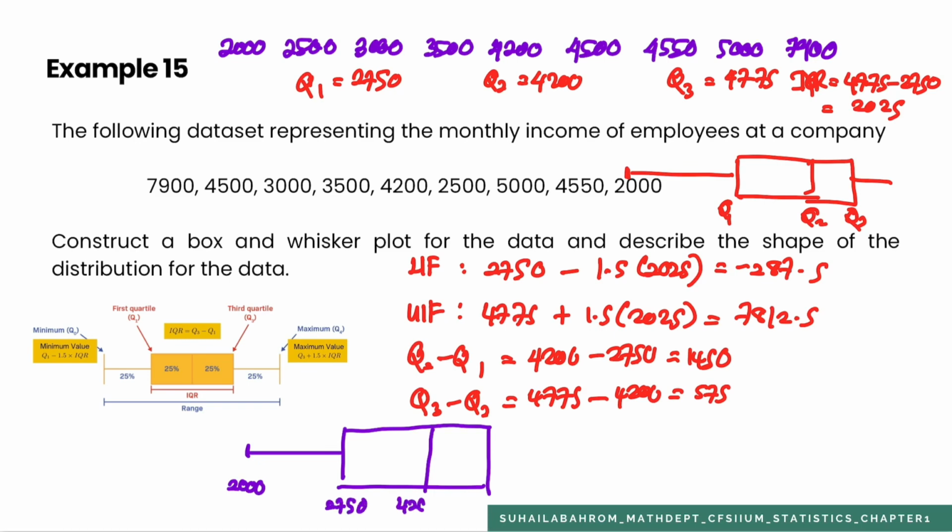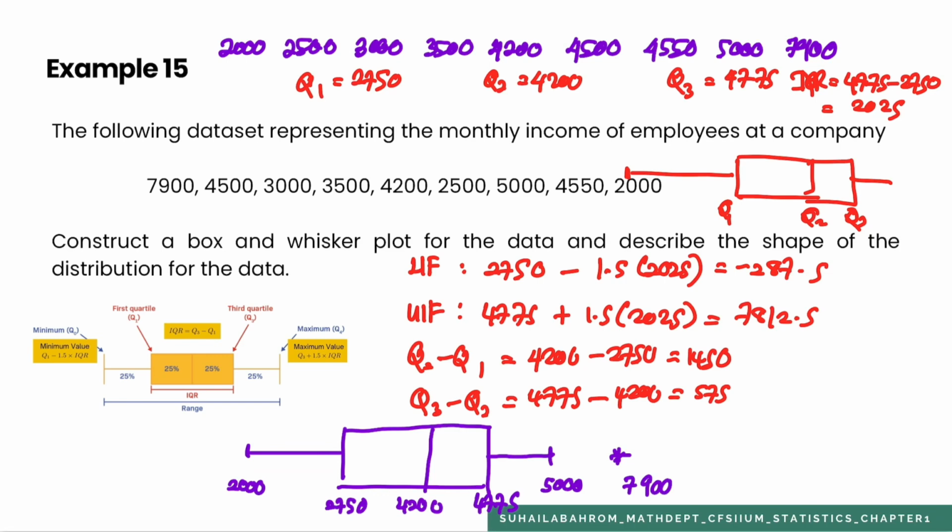The second quartile is 4200, and the third quartile here should be 4775, and we will have the whiskers on the right side here, and we have the outlier, which is 7900, but the maximum value on the whiskers here is 5000.